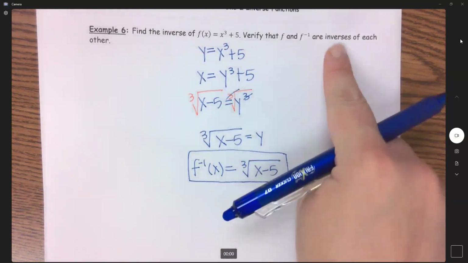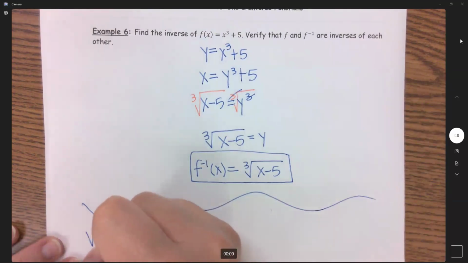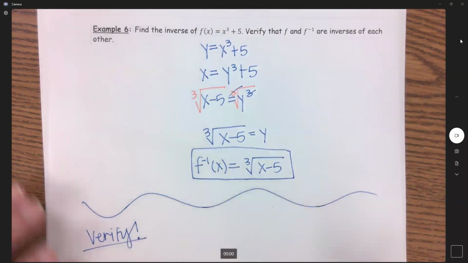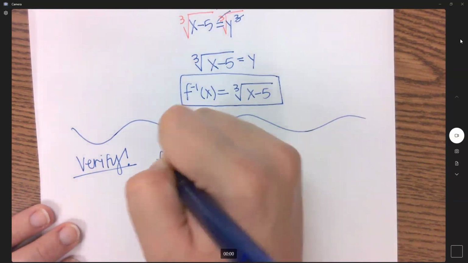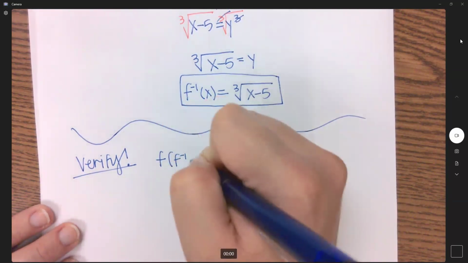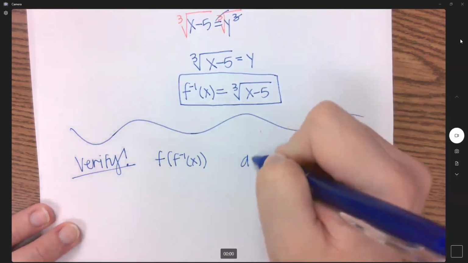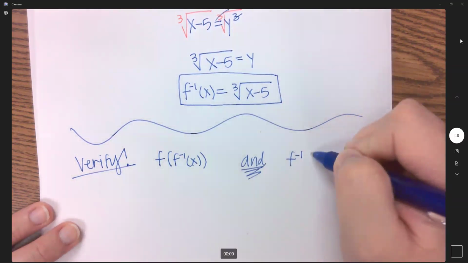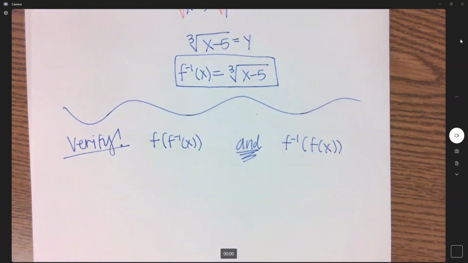Okay, now we need to verify. All right, so to verify, we need to show that f of the inverse of x and the inverse of f of x both end with an x.